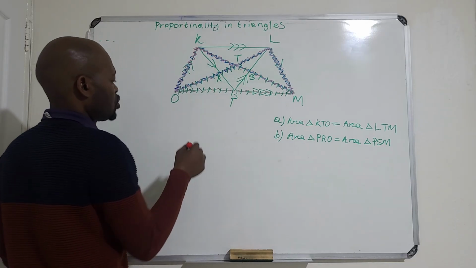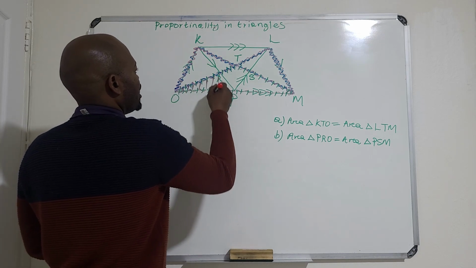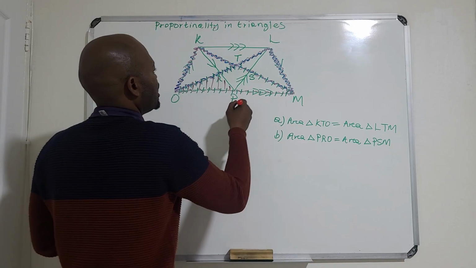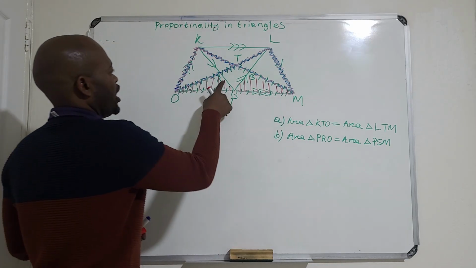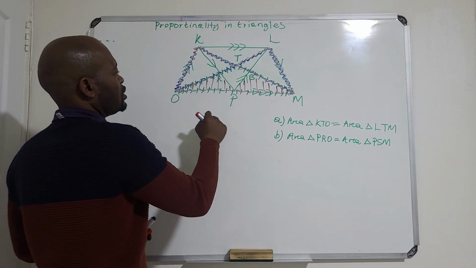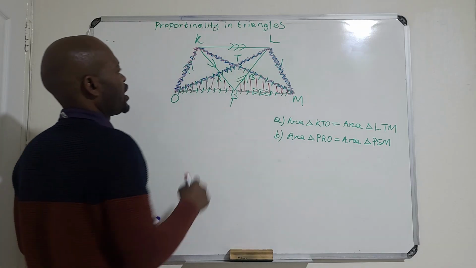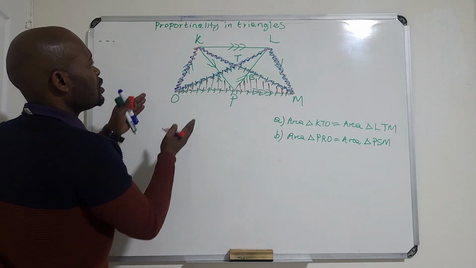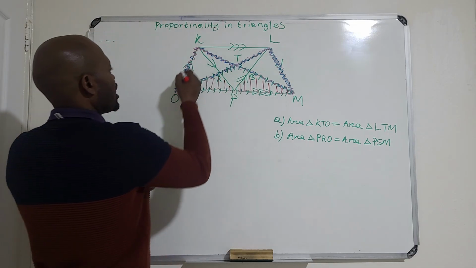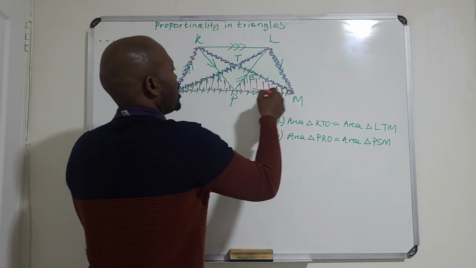Therefore, they want us to show that the area of this triangle is equal to the area of this triangle. And for us to prove that, we are going to use the parallelogram. We are also going to use this parallelogram there.